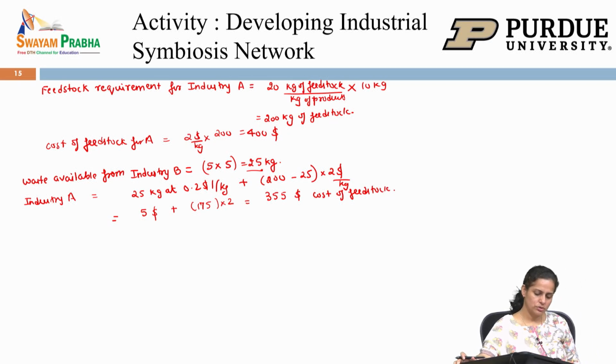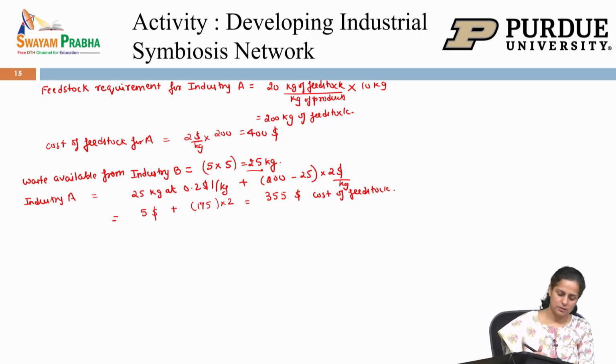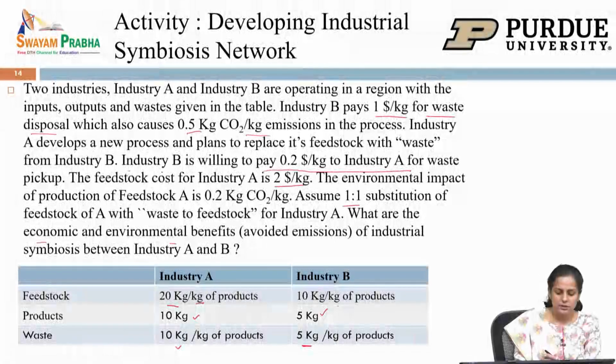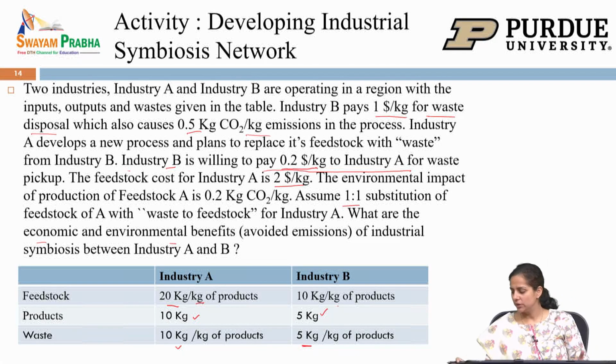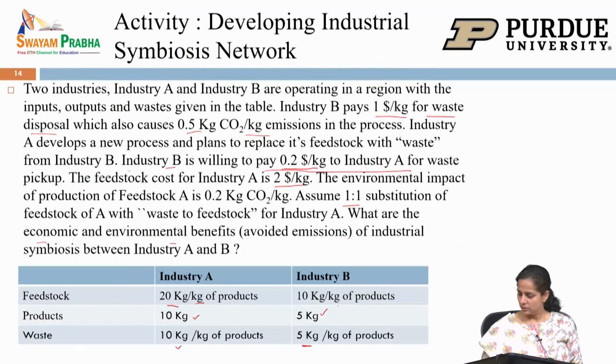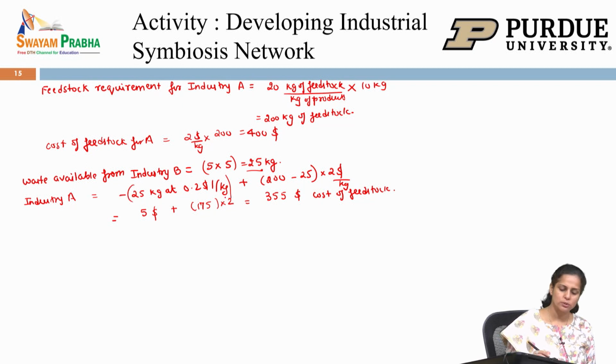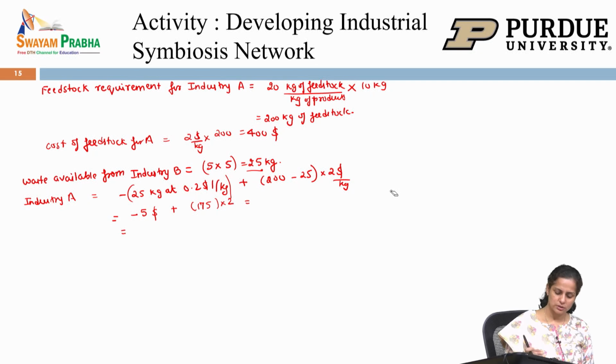Okay, I think the wording was different. The wording is that industry B is actually paying $0.2 per kg. So, industry A is actually getting this much benefit by using those 25 kg. So, our actual cost is not $355, but it is actually $345.